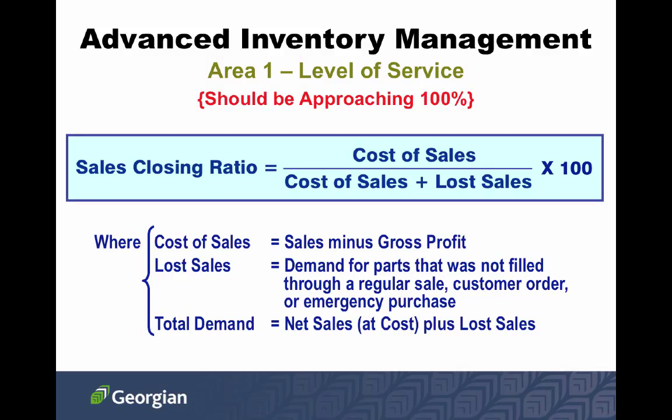Make one additional observation. Where this is 100%, it inevitably means that the parts department is not keeping track of lost sales, because every parts department has some lost sales. So that should be the instant conclusion when you see 100%. Well, clearly they're not tracking lost sales.